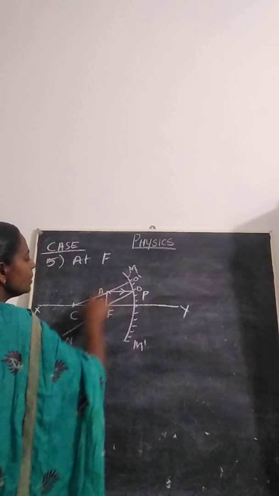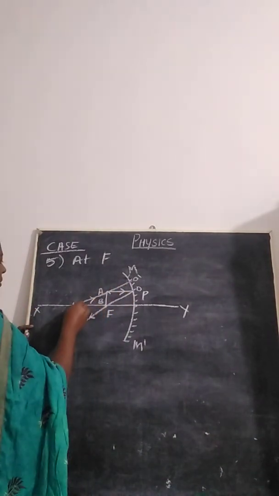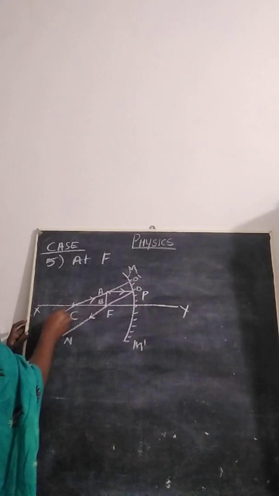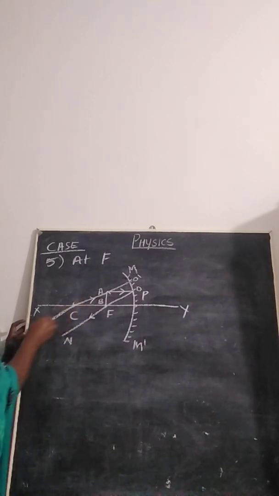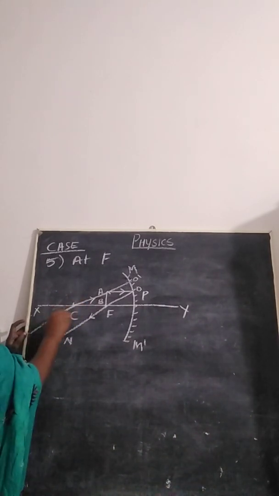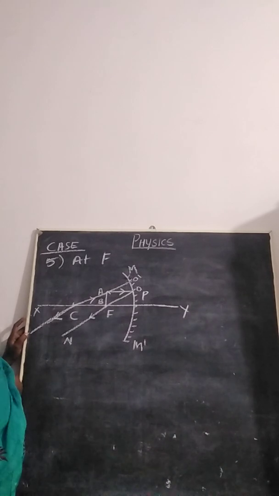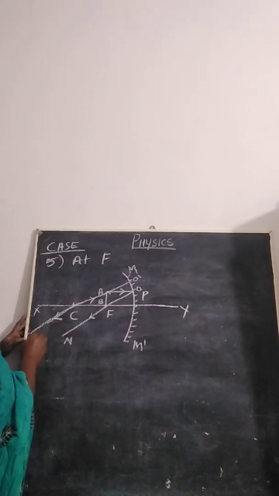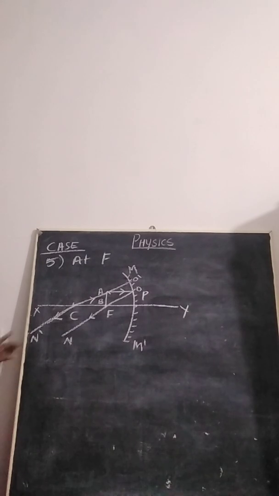According to rule number 3, that ray traces back along the same path in the opposite direction. This is the reflected ray, O dash N dash.